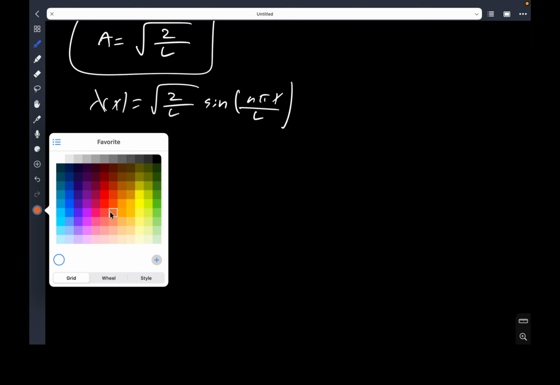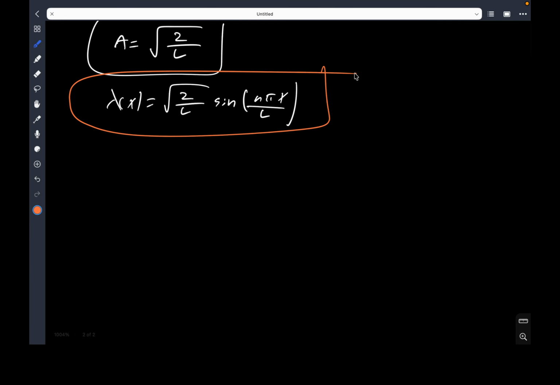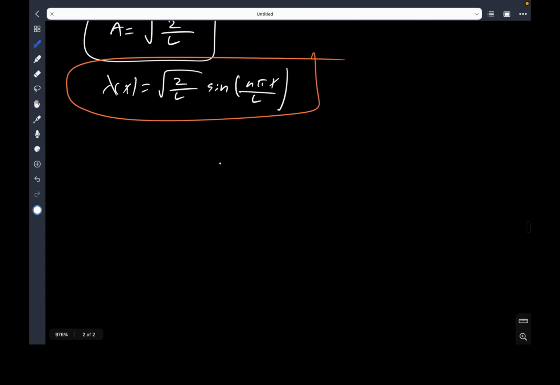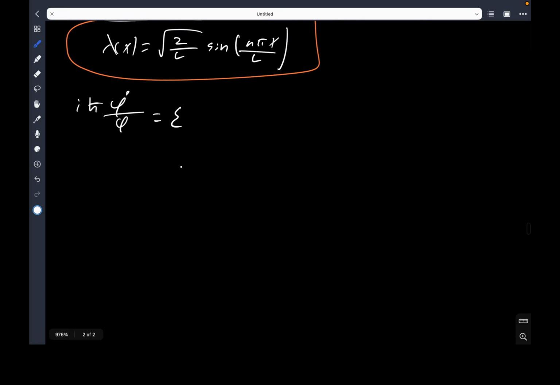So this was our spatial equation here. For the time dependent part, we had i h bar phi dot over phi is equal to E. So this is easier to solve.